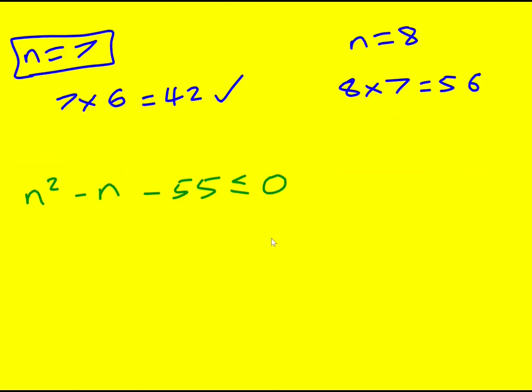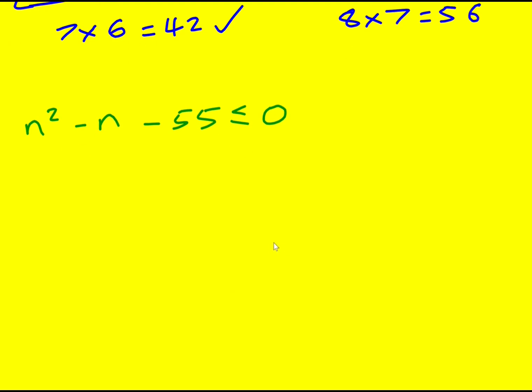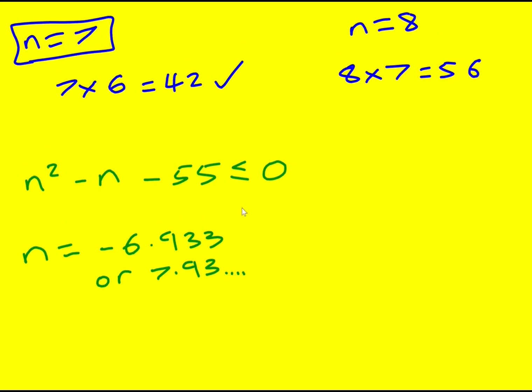And you'd actually have to solve this quadratic inequality. You could solve a quadratic equation, which in this case would not lead to nice integer solutions. It doesn't factorize. I'll put this into my calculator, n equals minus 6.93 or 7.93. So that shows us we're just off of 8.